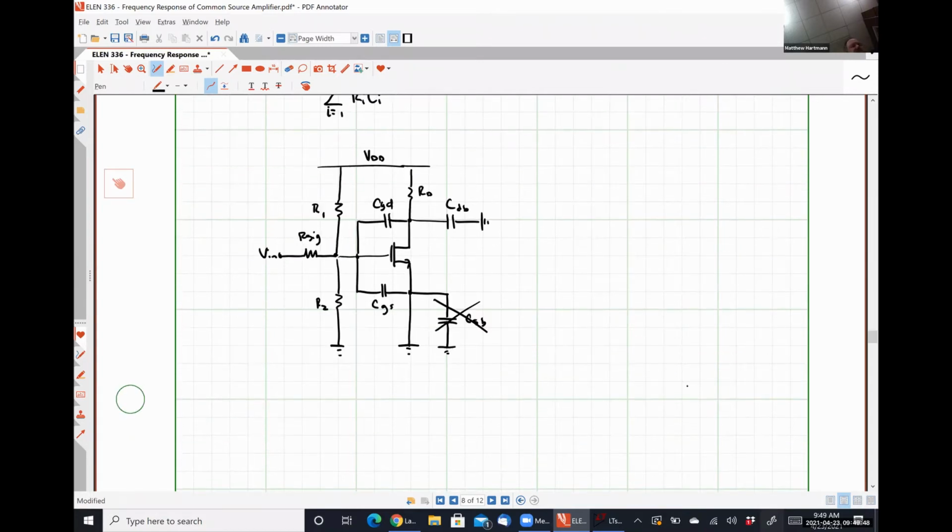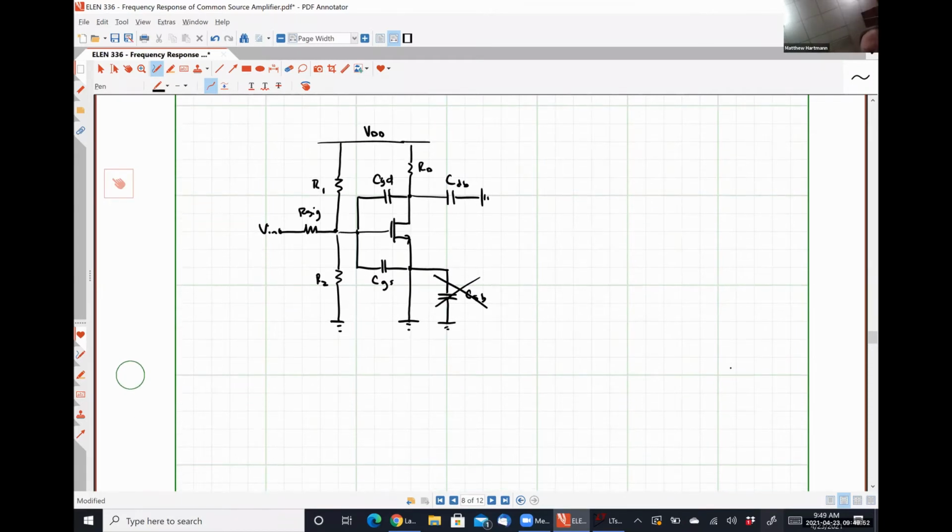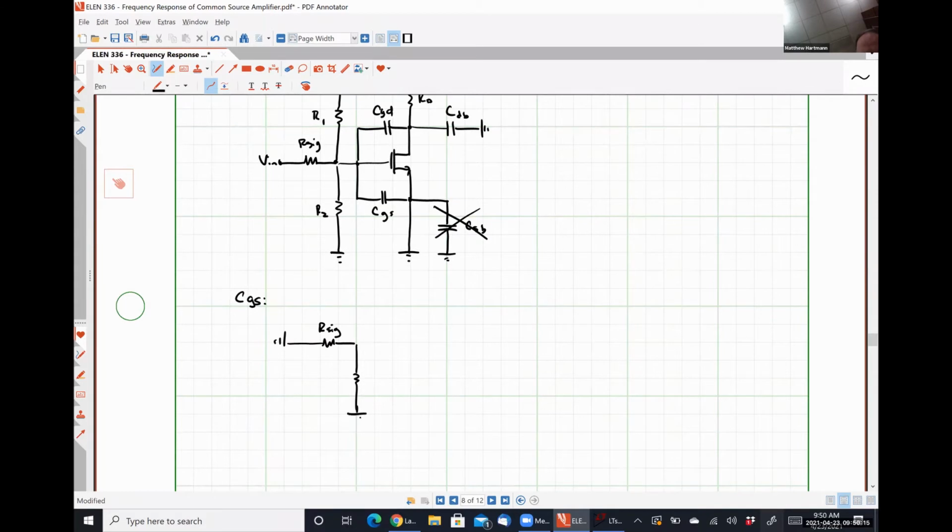So let's start by what CGS sees. So CGS is going to see, when we've zeroed out Vn, we have our resistor R sig in parallel with R1 in parallel with R2.